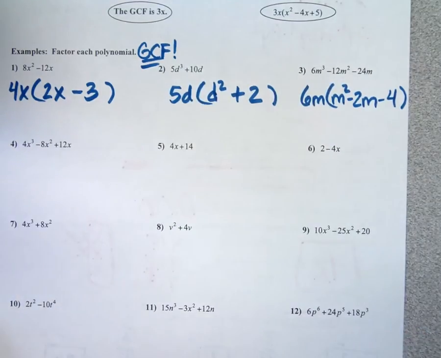Okay, I want to see if you can finish this, and then we'll go over it. So I'll give you about 5 minutes to do that, and then we'll see how you do.